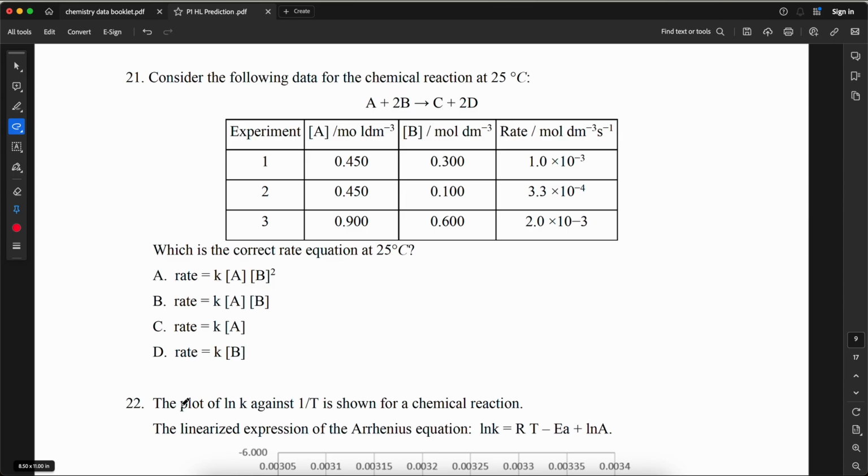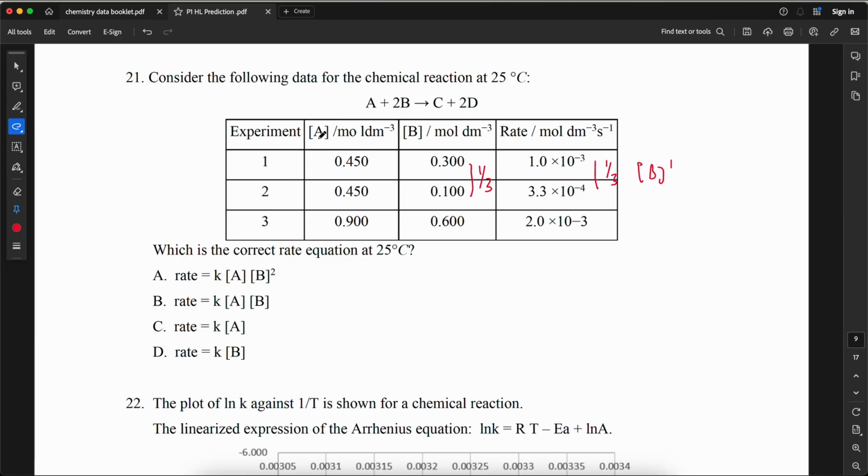Consider the following data for the chemical reaction at 25 degrees Celsius. Which is the correct rate equation at 25 degrees Celsius? As you can see here, from experiments 1 and 2, this one is constant, so this one is 1/3, and this one is also 1/3. Therefore, B is first order.